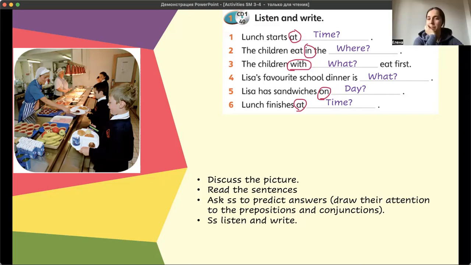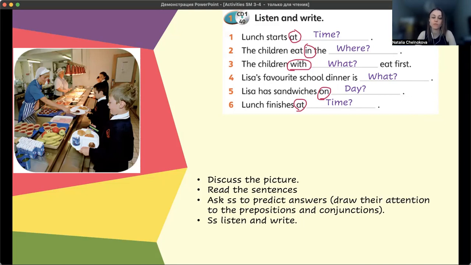Yes, this time I found it a little bit easier to explain to my students, as I used almost the same procedure as you discussed now, because we started with a discussion of the picture. Maybe I elicited some new words for them, like canteen. That was like pre-teaching.